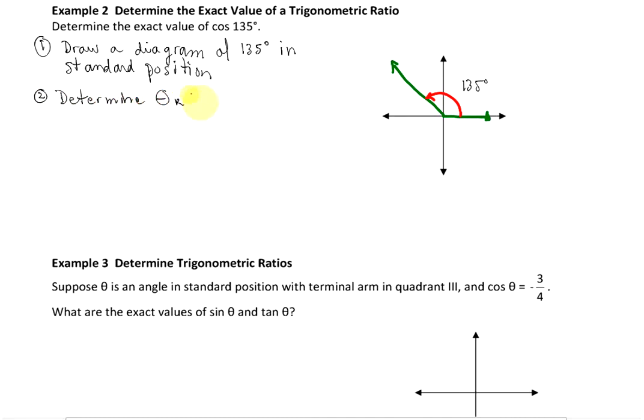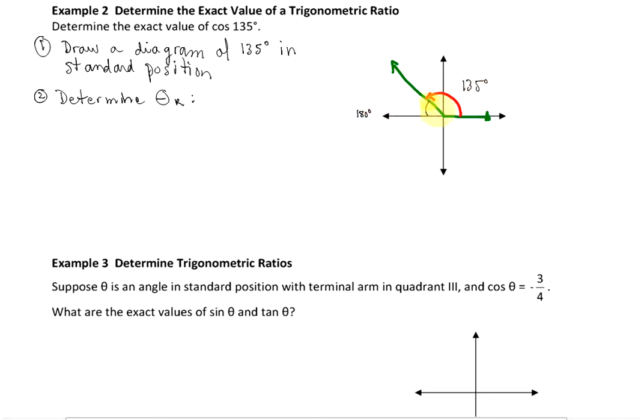And our next step is to determine our reference angle. Okay, now you know that your reference angle is between the terminal arm and the x-axis. Okay, so a full half circle is 180 degrees. Up to our terminal arm is 135.